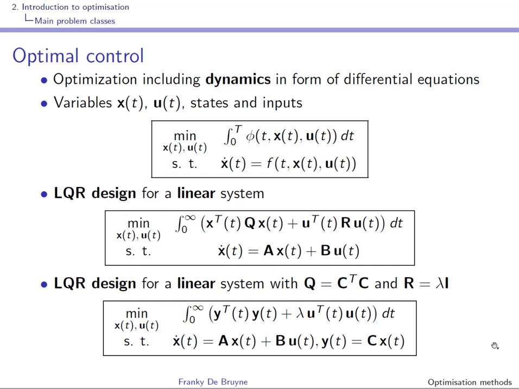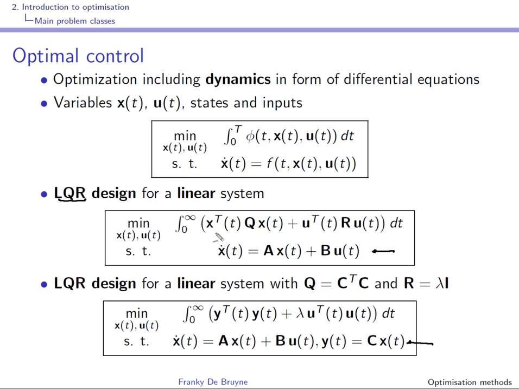In the course of state space control, we had considered optimal control for linear descriptions of the system, and this had led to LQR design, where Q and R are the names of the matrices that appear in the cost function that is to be minimized.